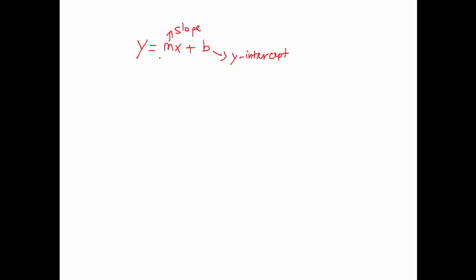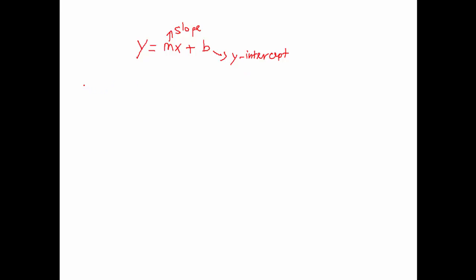So given any function in the linear form, you can always convert it to this slope-intercept format, y equals mx plus b. So the variable x here, any number that stands in front of it is called the slope, and any number that's by itself is called the y-intercept.